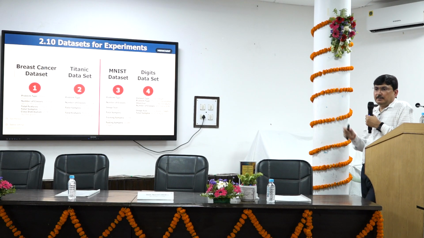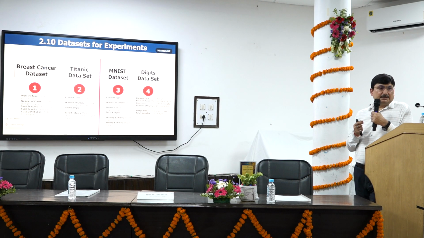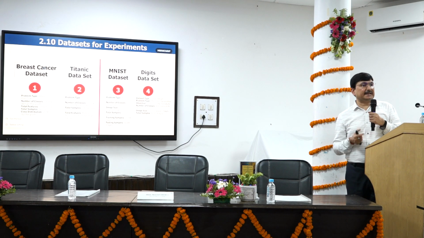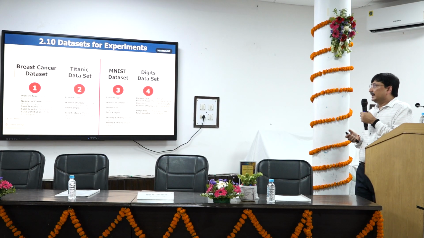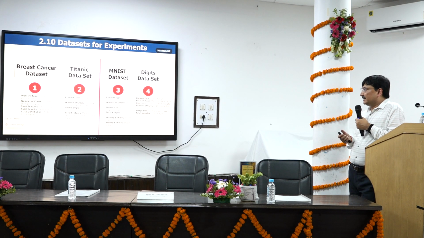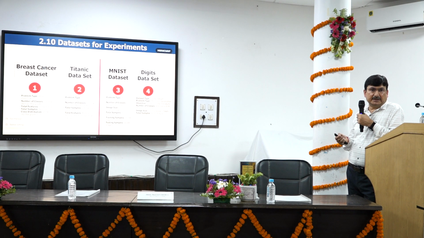Basic information about the data set is given over here. It's a breast cancer data set, which is a binary classification problem. That means it will conclude whether the patient has breast cancer or not. Then we have the Titanic data set, which is also a binary classification problem, again survived or not survived.